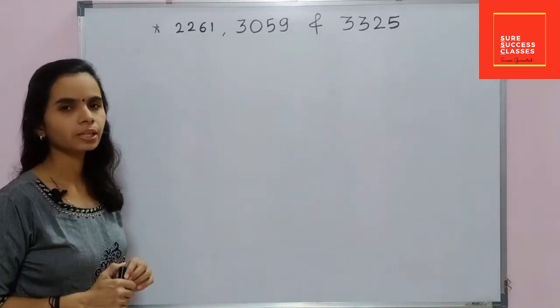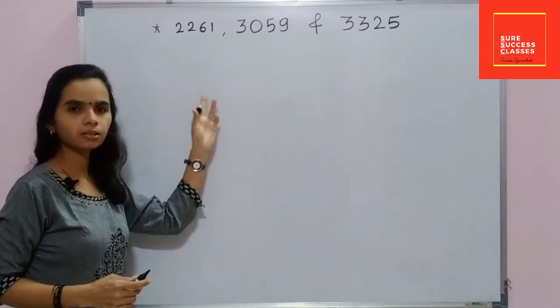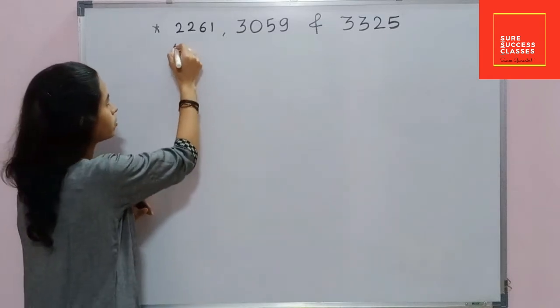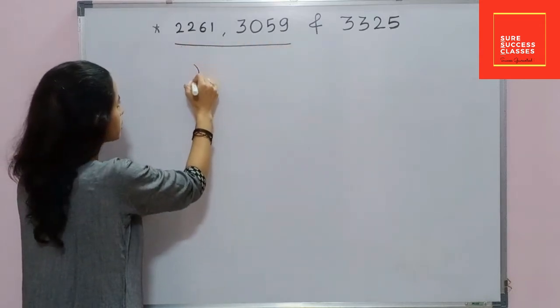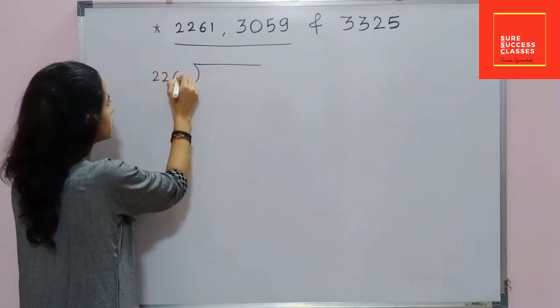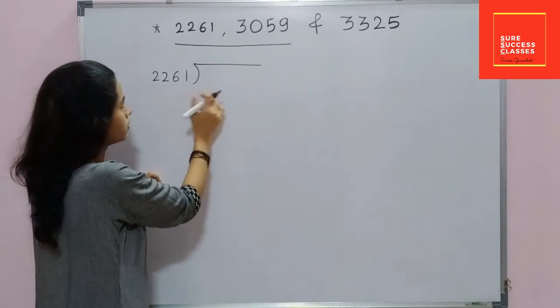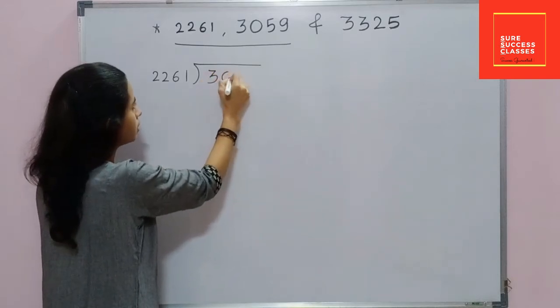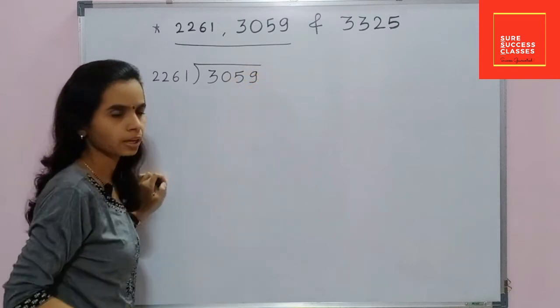Let's find out the HCF of 4-digit numbers. Here there are 3 numbers. So first we will find out the HCF of these two numbers. Let's start. 2261 we will write here as a divisor, and dividend we will write 3059.